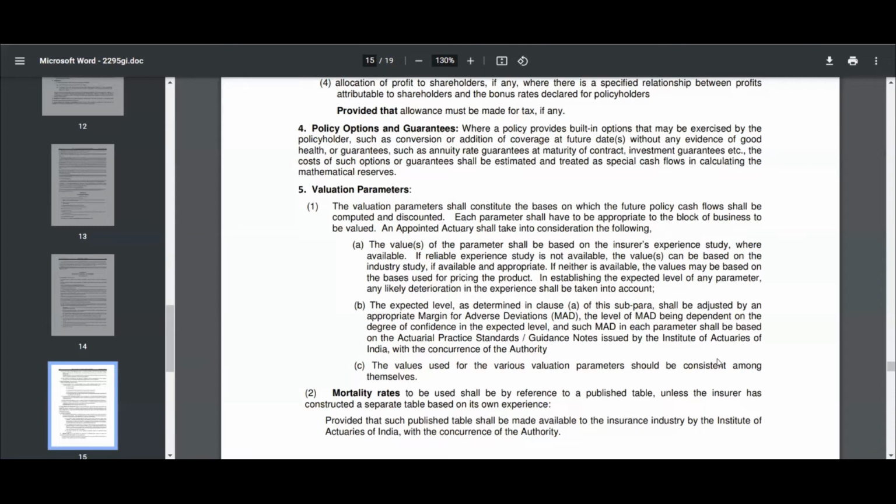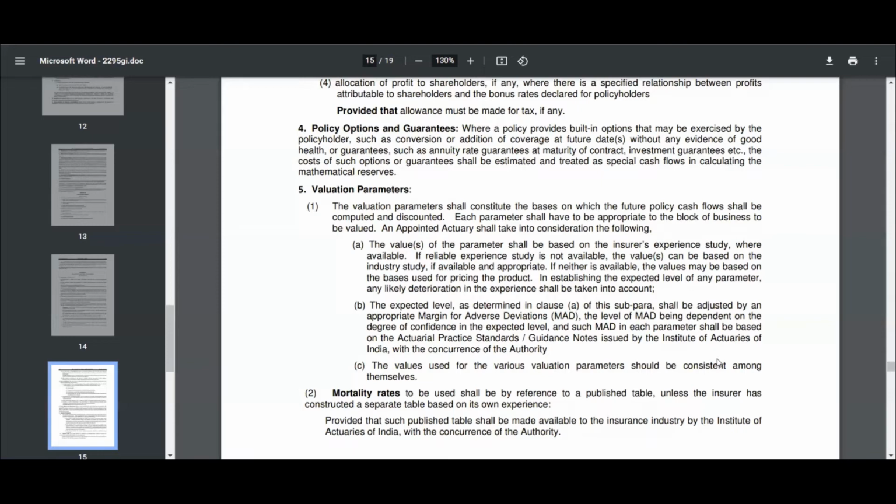Also, the values used for valuation parameters should be consistent among themselves, like the inflation and the interest assumption. The bonus scale and the valuation interest rate should also be consistent. So it cannot be that the bonus scale is say 5% and the valuation interest rate is 22%. Doesn't make sense, right?